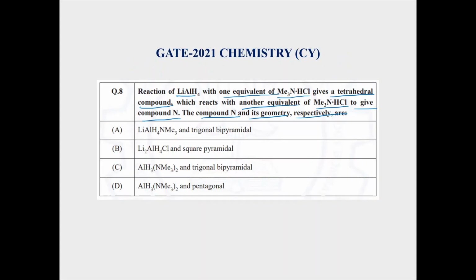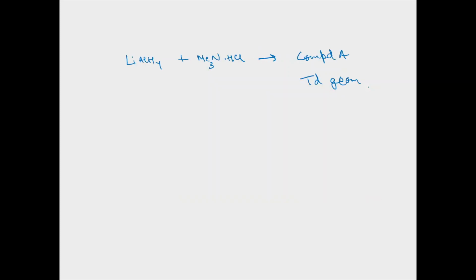It gives a tetrahedral compound. Then to this compound A, we are adding another equivalent of NMe3·HCl. So this is giving compound N, for which we have to write the geometry.